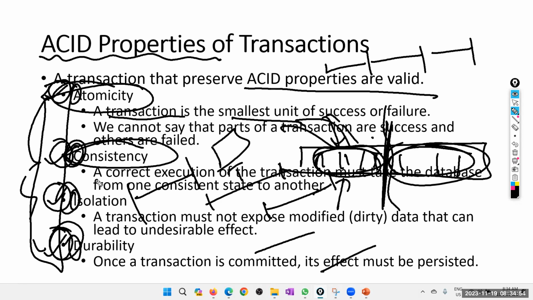Only one user. They are not complicated. But Oracle, Microsoft SQL, MySQL, they all support concurrent transactions. That is why they are very sophisticated. And they preserve the ACID properties.